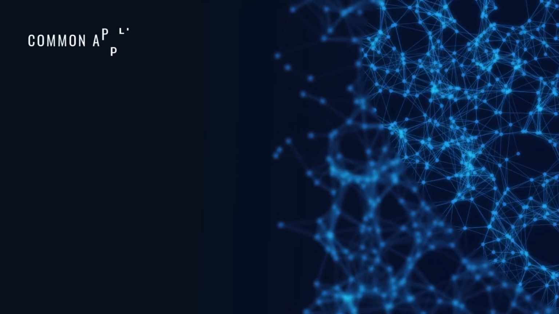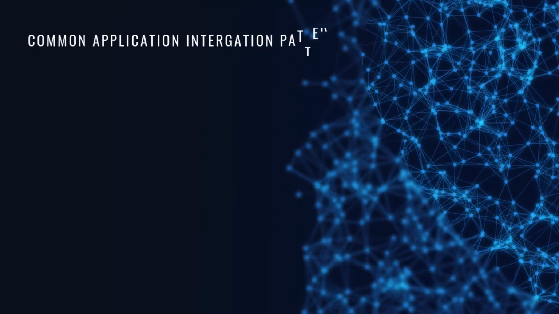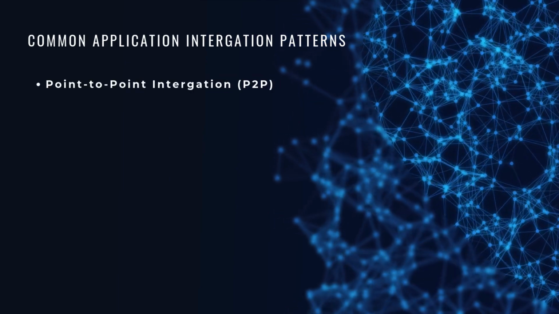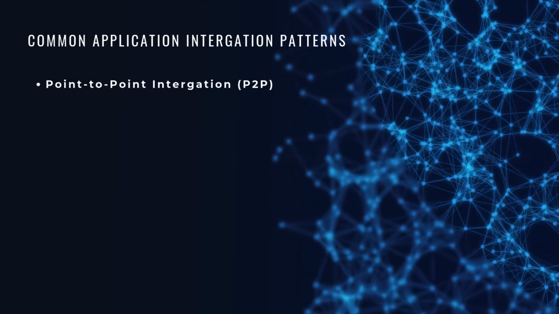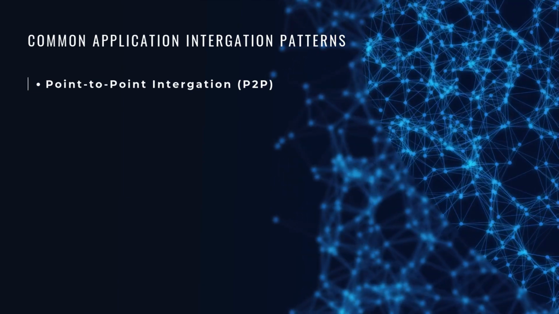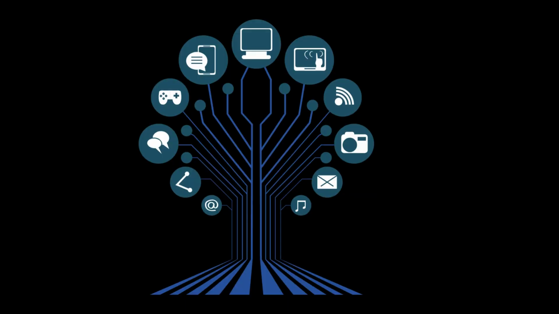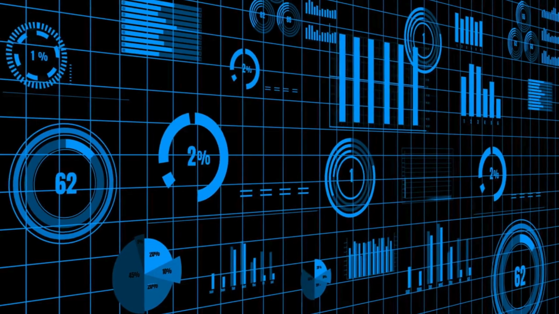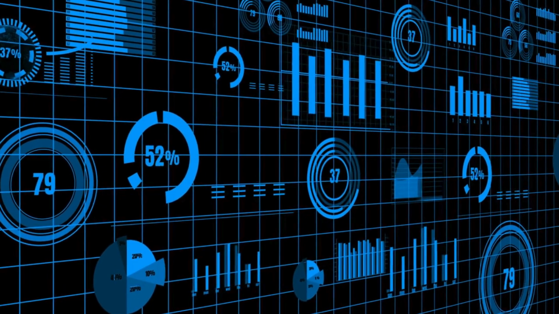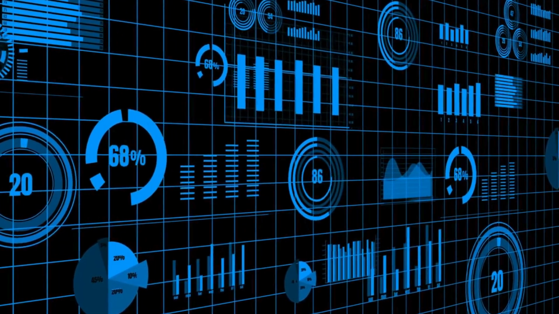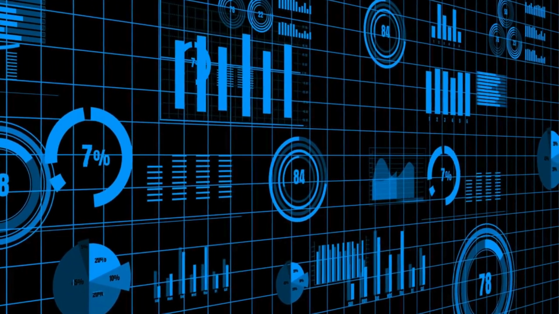Now let's understand some common application integration approaches. Point-to-point integration, P2P, which connects two applications directly. This is best used for simple, small-scale systems. Example, a CRM automatically updating a sales dashboard by integrating with it directly.